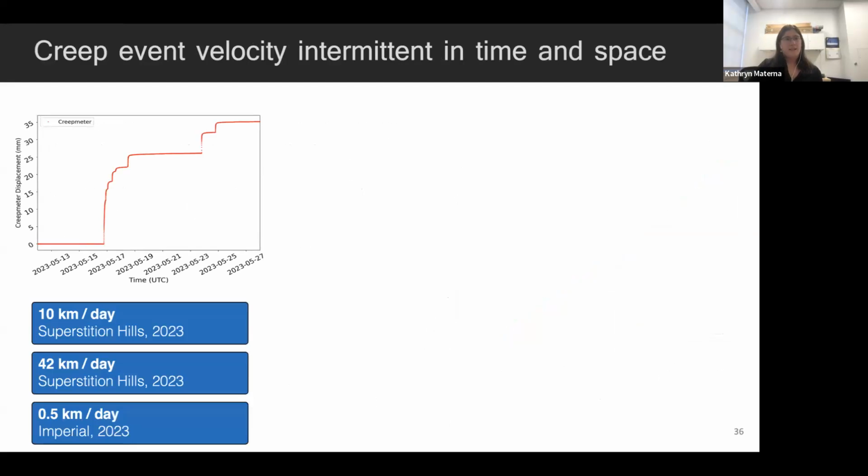One of the other findings that I've mentioned about our results so far is that the velocity of the creep event, we know that it's intermittent in time, as we see here. Just the time series of the creep meter can tell us that.